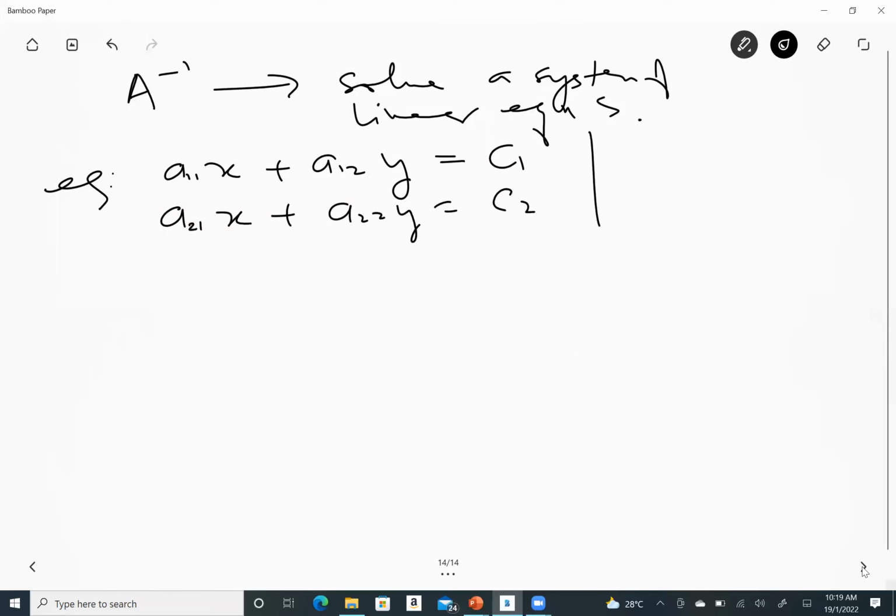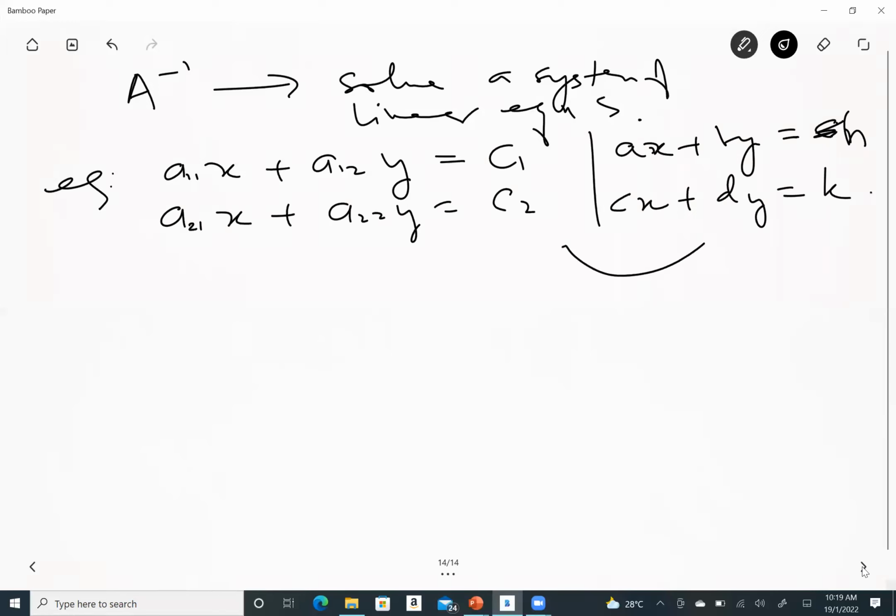So this is just like what you have earlier: Ax plus By equal to C, and then Cx plus Dy equal to K. So you can use either one, all right? But I use A11 so that we know it's row 1, column 1, and things like that.